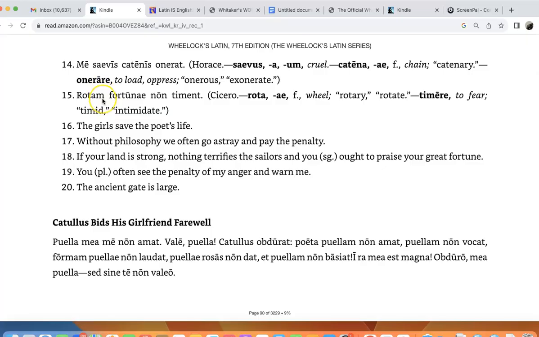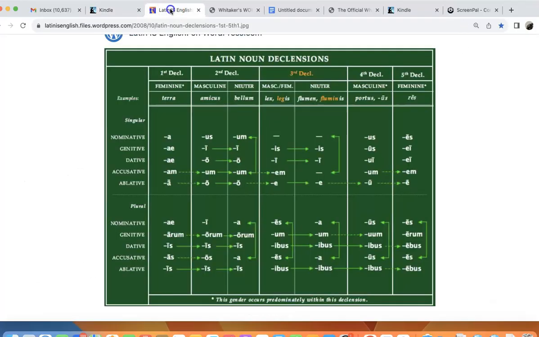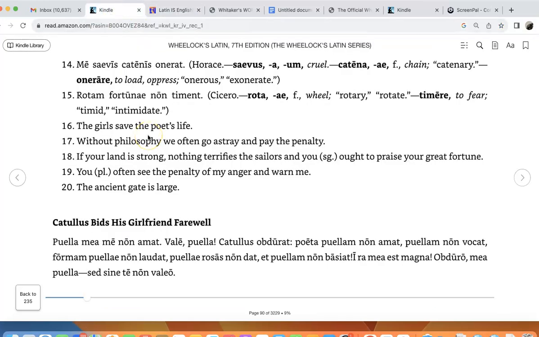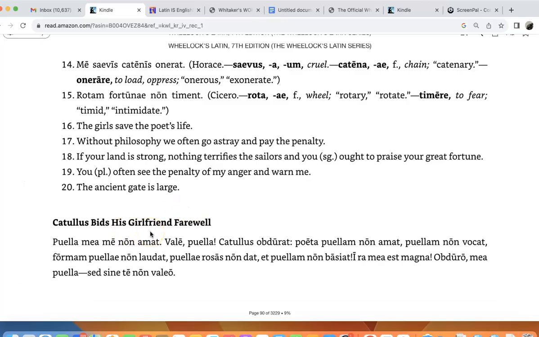For example, something that society said they should become. So they tend to live unhappy, uninteresting lives. Non timent rotam fortunae. So they do not fear the wheel of fortune. Hello, Pat Sajak.